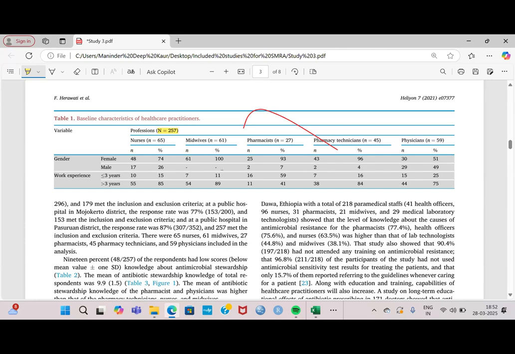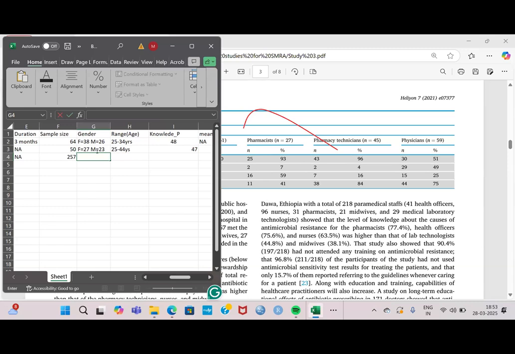However, the males, we will add all this number and it will come around 50. Okay, not 50, it's more than that. 71, 17, that is 19, 19. Yes, it will come around 50. So what is the female? So we can always do some calculation in the included study also. Female number is 207 and male is 50.